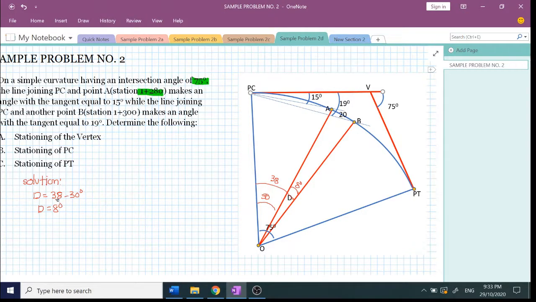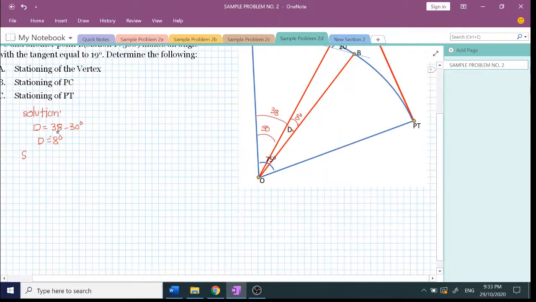So pagkatapos natin makuha ngayon yung 8 degrees, masusolve natin yung ibang elements ng curvature. What are those elements of the curvature that we can now solve? So we can now solve for the radius of the curvature. And what is the radius of the curvature? Yung radius of the curvature natin, may formula, di ba tayo, na 1145.916 divided by the degree of curvature.